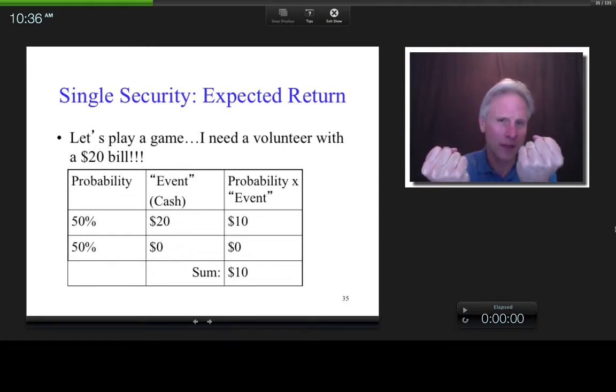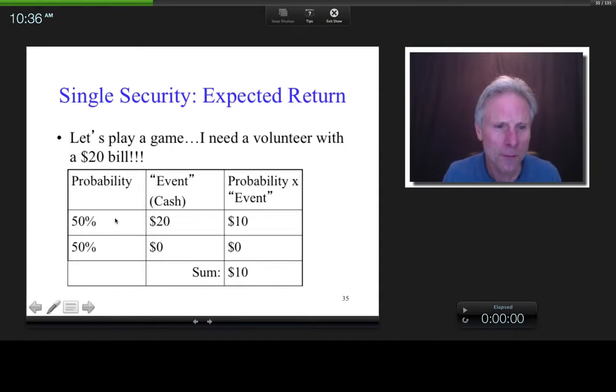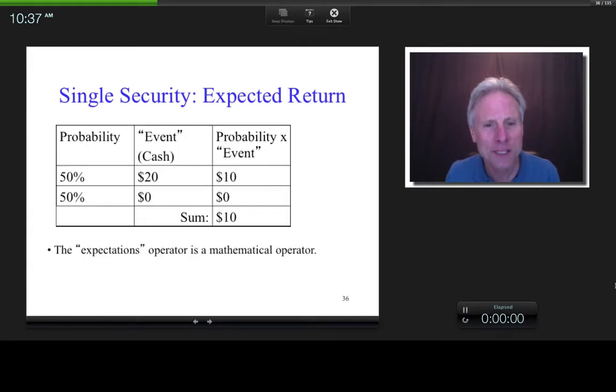And the probability of getting 20 was 50%. And so the process of taking the probability and multiplying it by whatever the event is, which in this case was cash, and then adding them up over the total range of possibilities, in this case $10, that's what's called applying the expectations operator.